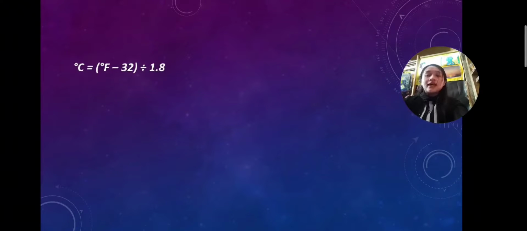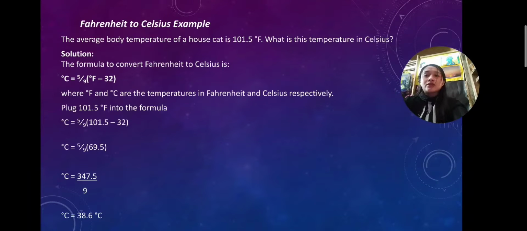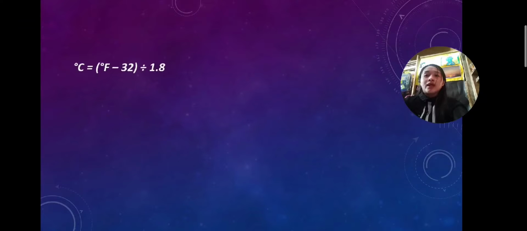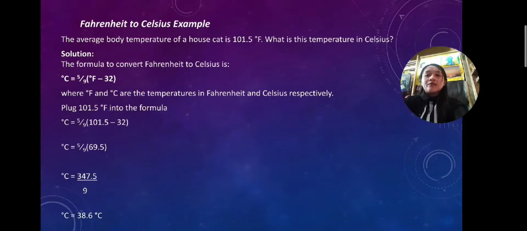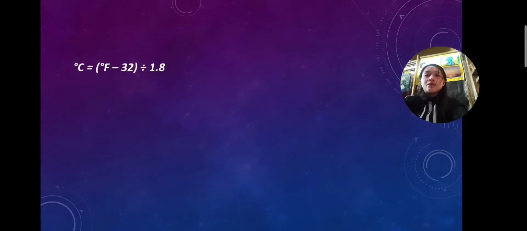Here is another way of getting Fahrenheit to Celsius, so that it won't be confusing to multiply 5 times 69.5, which some find confusing. Another way, so it's not a hassle: degree Celsius equals (degree Fahrenheit minus 32) divided by 1.8.